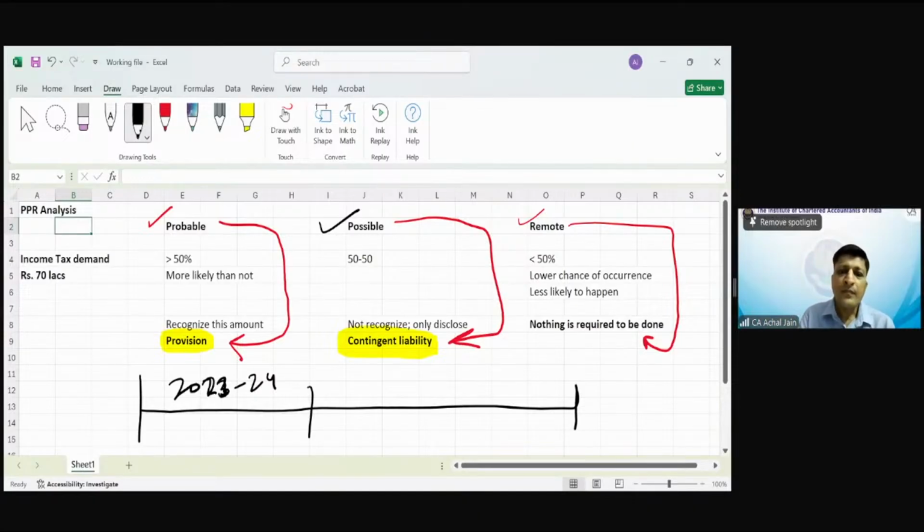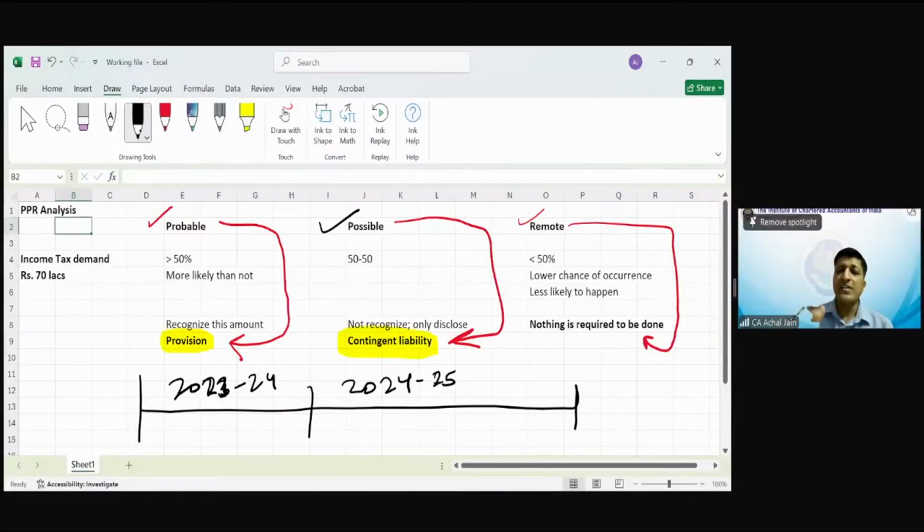Correct? Now let's suppose in 24-25, the company got into litigation and actually lost the case. If the case is lost, the demand is actually required to be paid. So what should the company do?